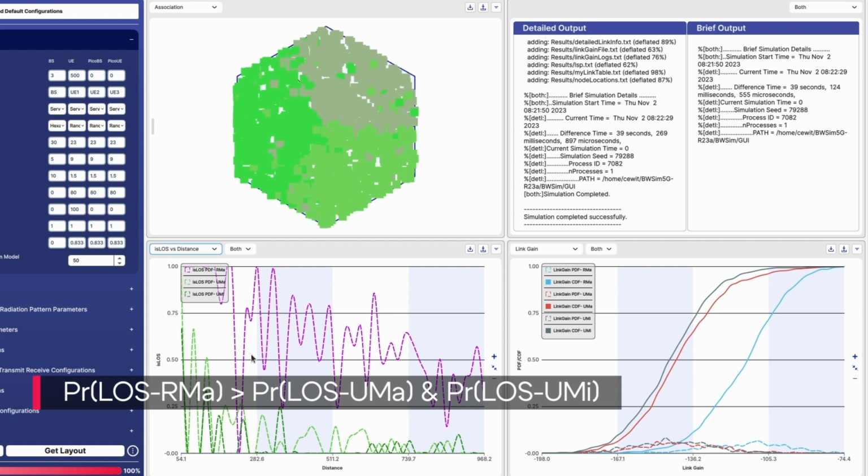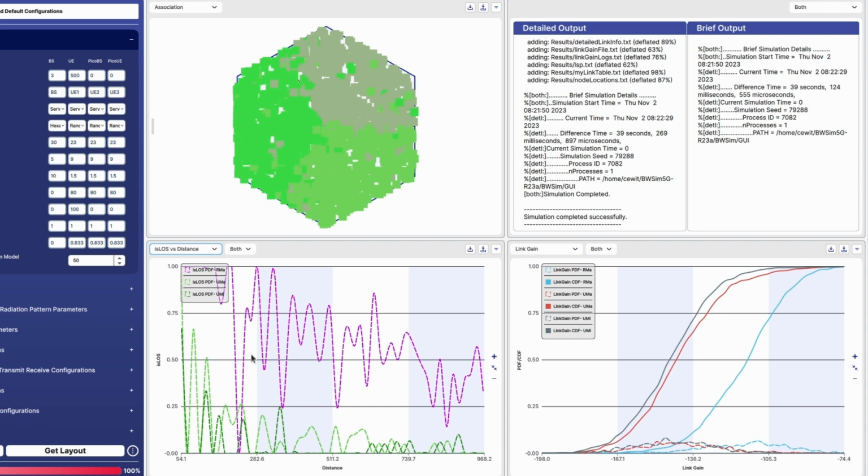That is, it's more probable for a line of sight path to exist in a rural scenario than in an urban scenario. This can be attributed to the fact that the rural scenario is devoid of buildings and other such tall structures that may act as obstructions between the transmitter and receiver, whereas in either of the urban cases, they are densely populated with such tall structures.